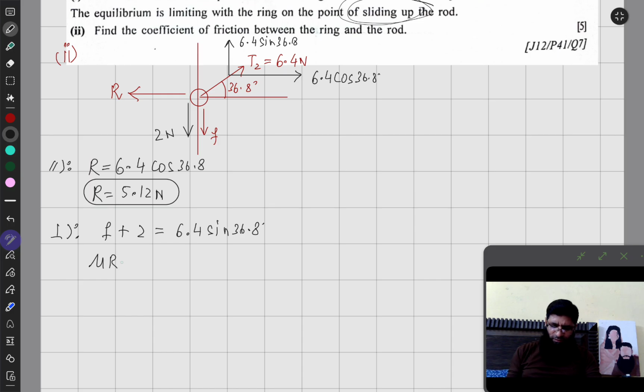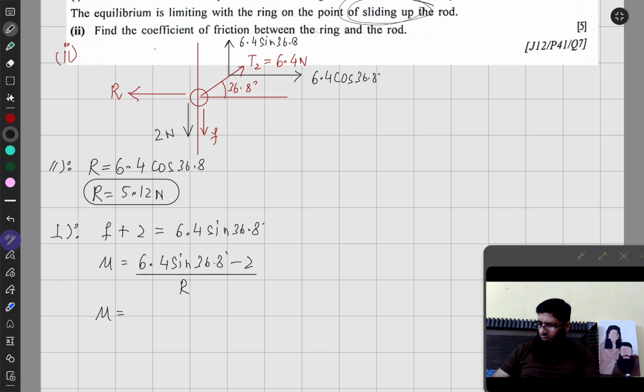And you know that F is equal to mu R, that will be 6.4 sine 36.8 minus 2, and R will be coming in the denominator.